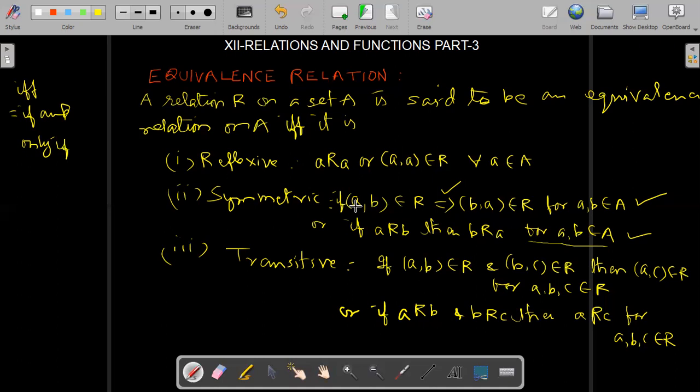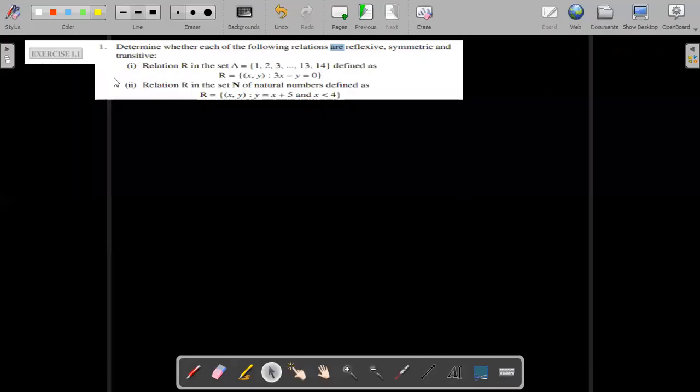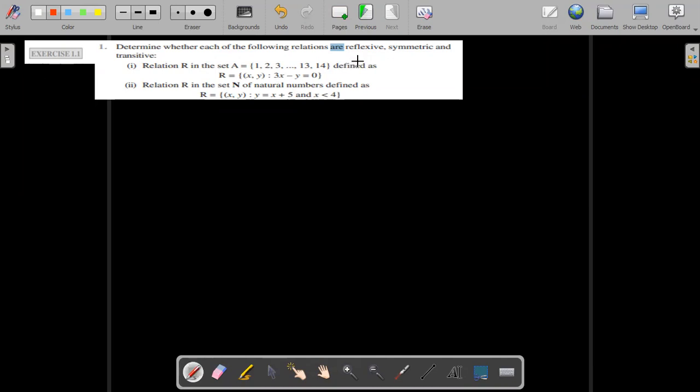Okay, so now we can start the exercise where we have to show the given relations are equivalence relations. Exercise 1.1: whether each of the following relations is reflexive, symmetric, and transitive. We have to check reflexivity, symmetry, and transitivity.